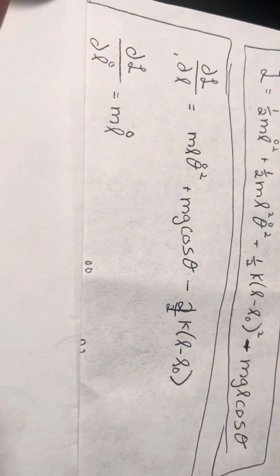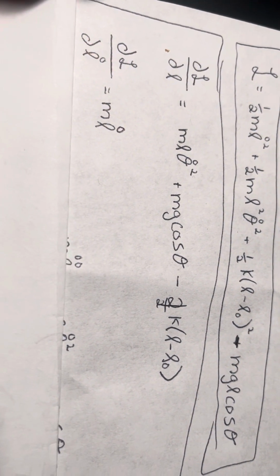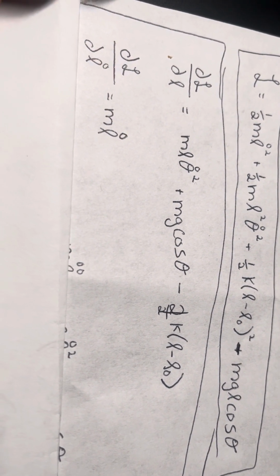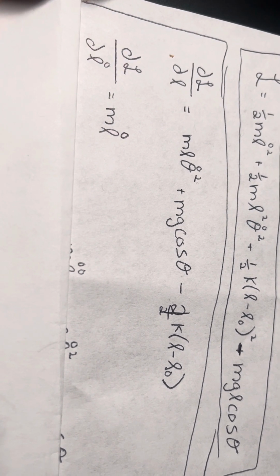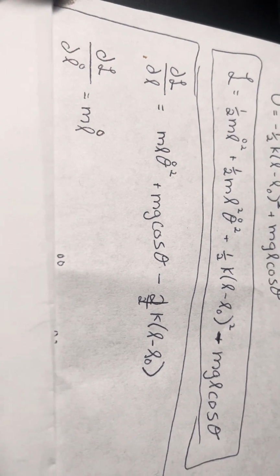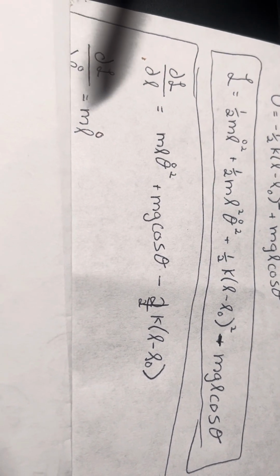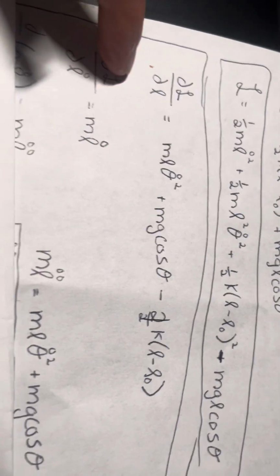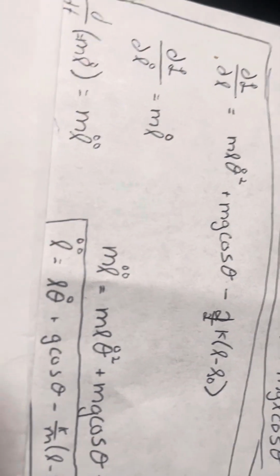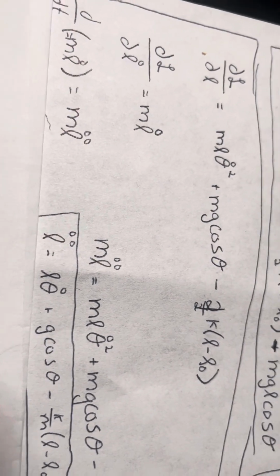Then taking the partial derivative of the Lagrangian with respect to L dot, you see that only hits this one term, and that turns into ml dot. Then when you take the time derivative of ml dot, you get ml double dot.